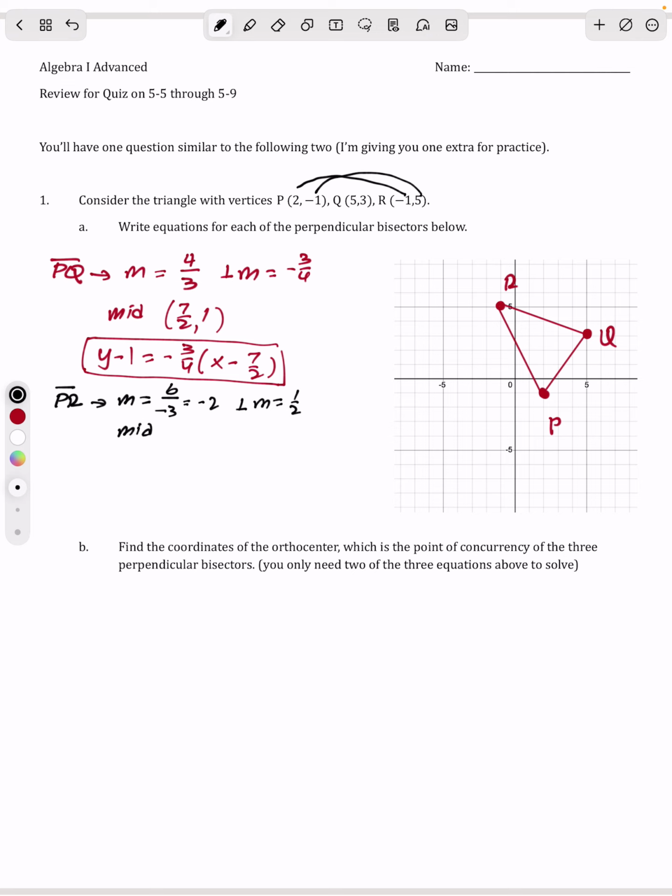My midpoint of PR is the average x, average y, and that looks like 1/2, comma 4. I'm not writing out the formula for these. I'm hoping that formula is apparent to you. And the equation of the perpendicular bisector of PR is going to be y minus 4 equals 1/2 times x minus 1/2.